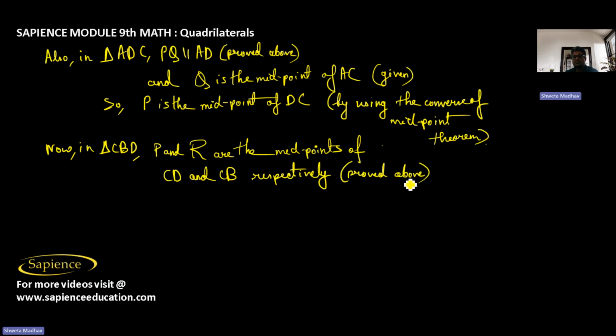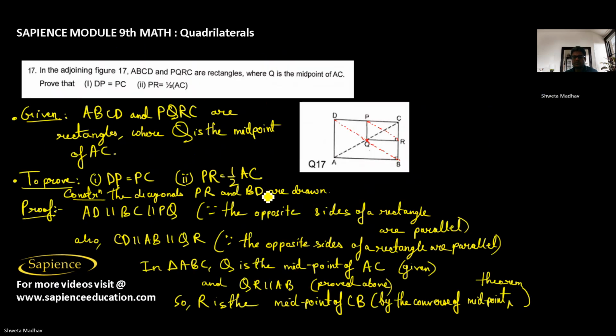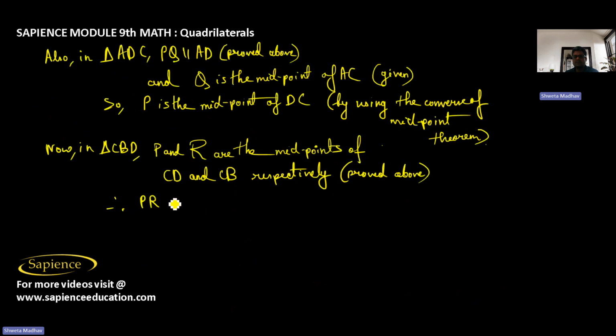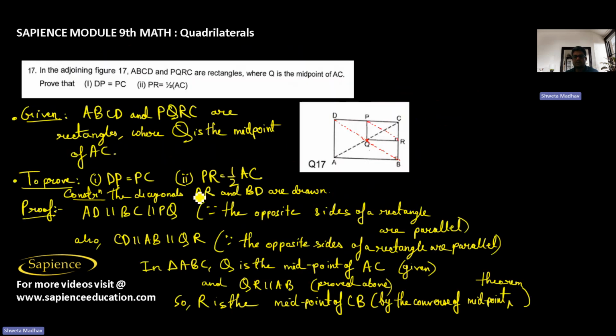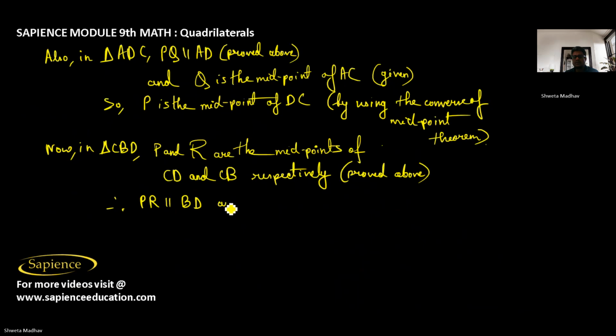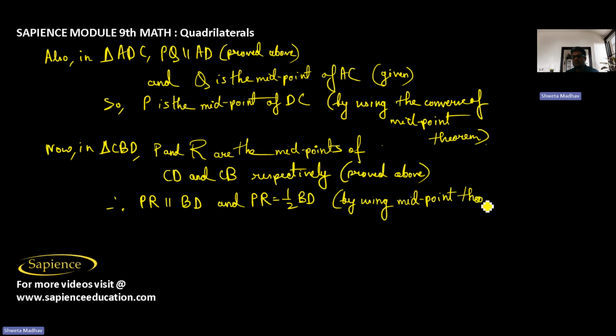So therefore, I can say that PR is parallel to BD and PR equals half of BD by using the midpoint theorem.